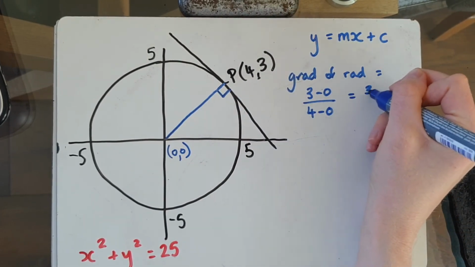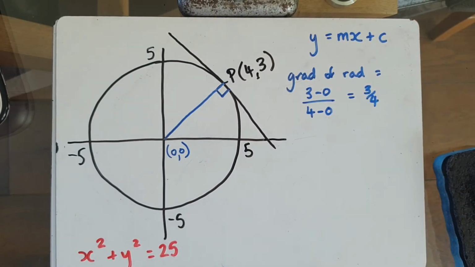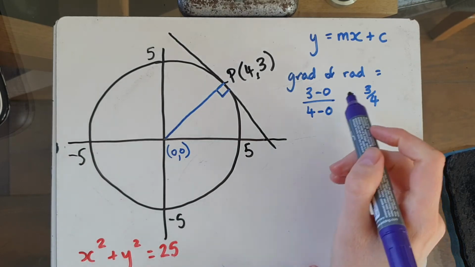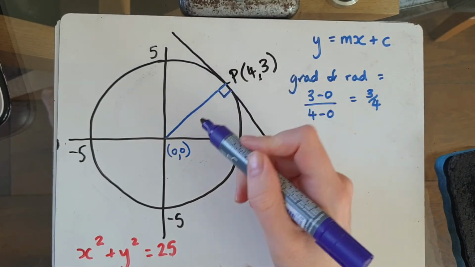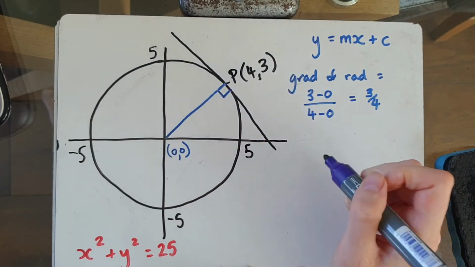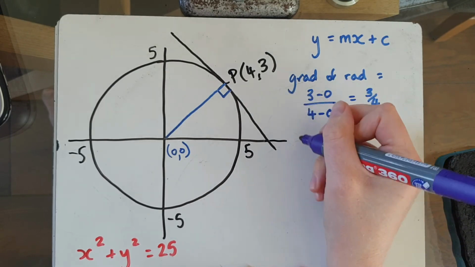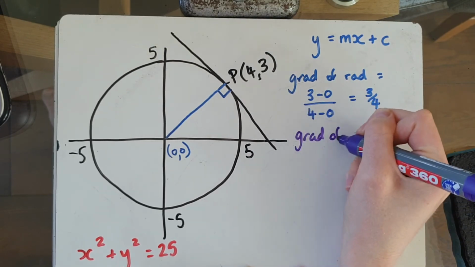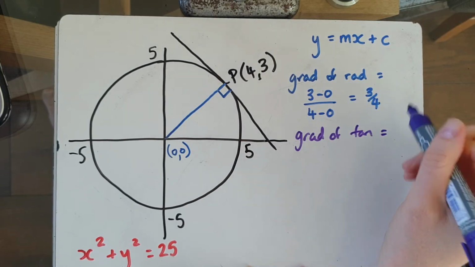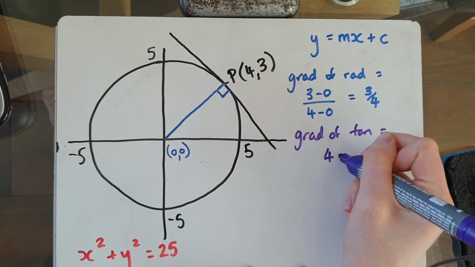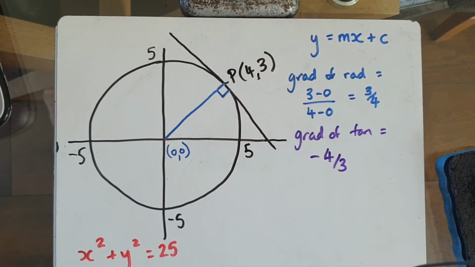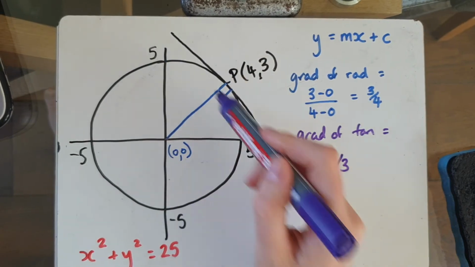So it is 3/4. So that is the gradient of the radius. I do not need to work out the equation of the radius, just the gradient is fine, because from there I can get the gradient of this tangent. Because the radius and the tangent are perpendicular, the gradient of the tangent is the negative reciprocal. So I flip the fraction and I make it negative. And there is the gradient of the tangent.